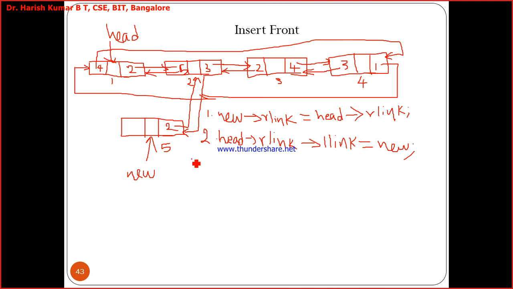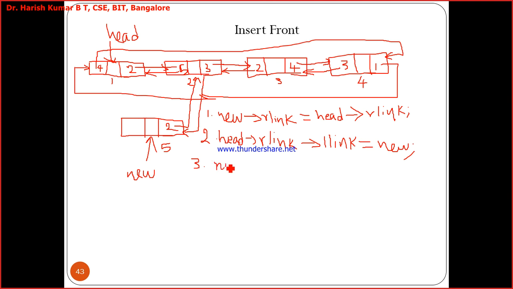Next 3. So this you have to remove. Yes or no? Now what is that you have to store in the left link of new node? Address of header node. How? See here. No, in the left link of new node. Yeah, address of header node. Correct.